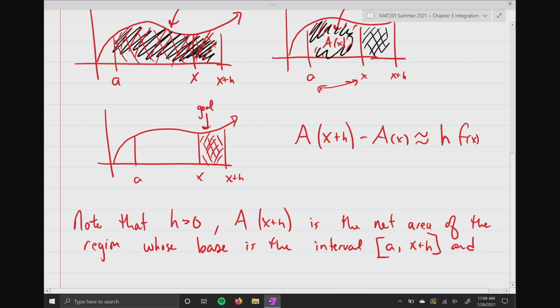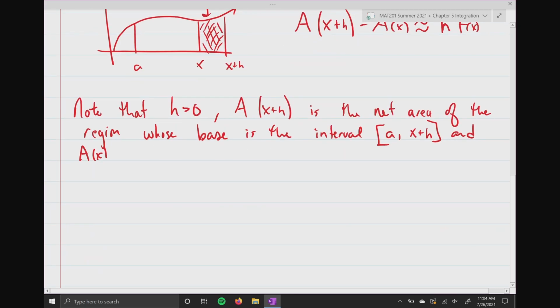And A of x is the net area of the region whose base is the interval from a to x.